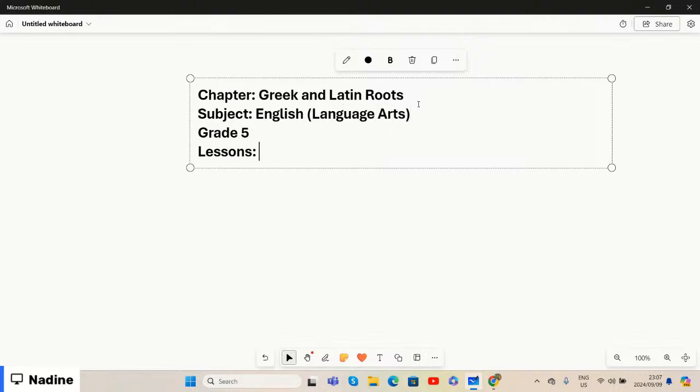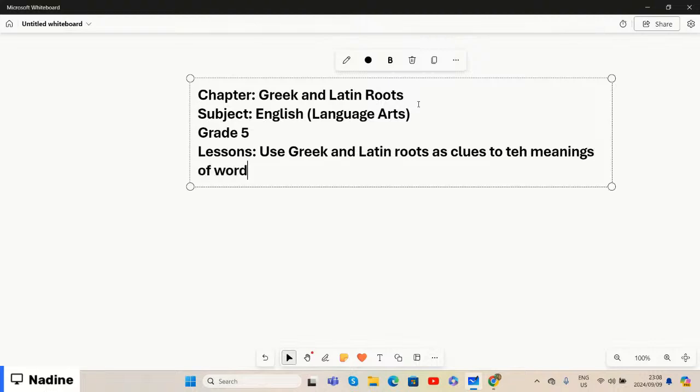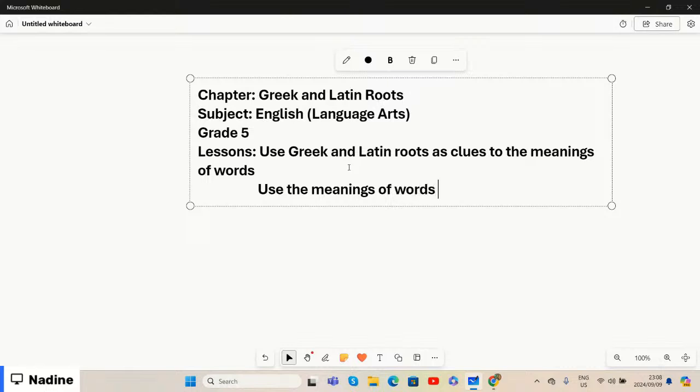All right, so we said we're going to use Greek and Latin roots as clues to the meaning of words, and use the meanings of words as clues.